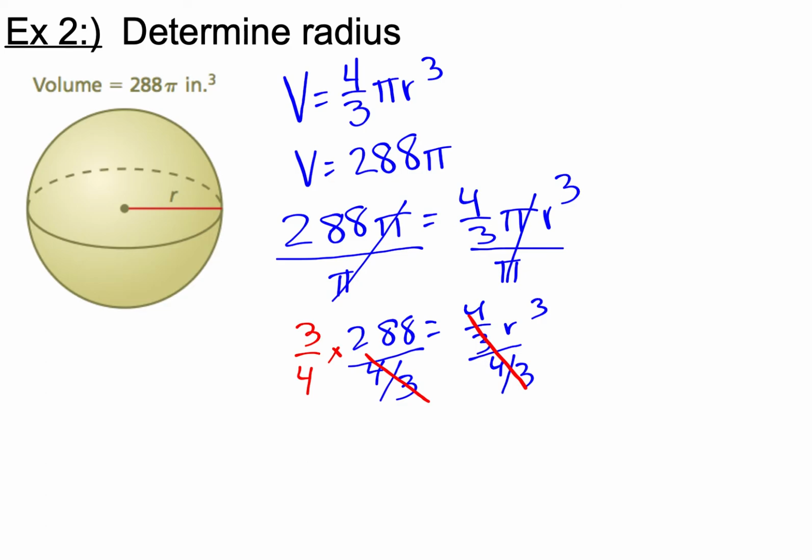The reciprocal of 4/3 is 3/4, so I get 3/4 times 288, and that is 216, and that equals r cubed. Now, depending on what calculator you have available to you is how you will be able to cube root this. If you are on a cell phone, you would need to turn the phone sideways so you can get the extra scientific functions to be able to do the cube root.